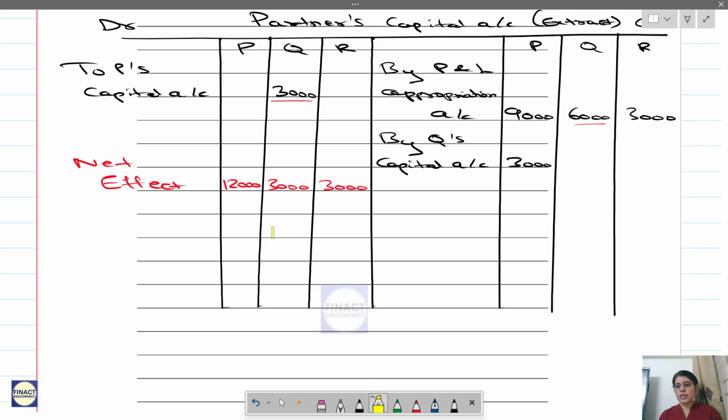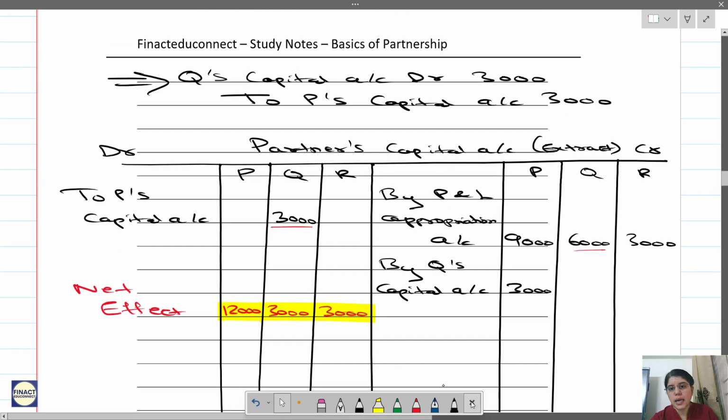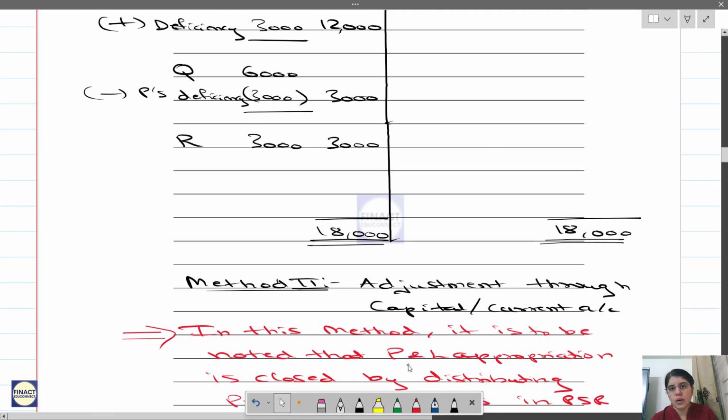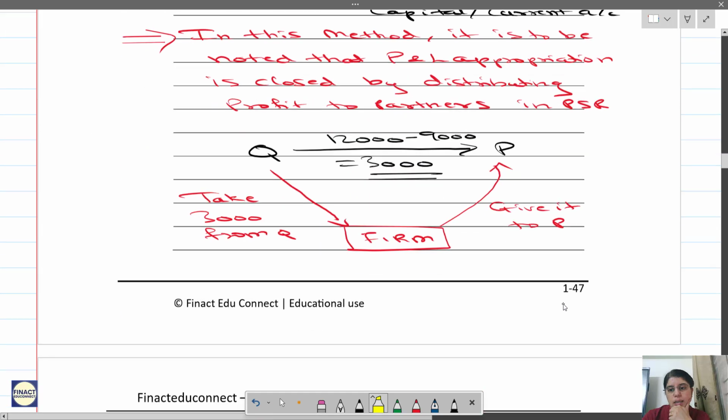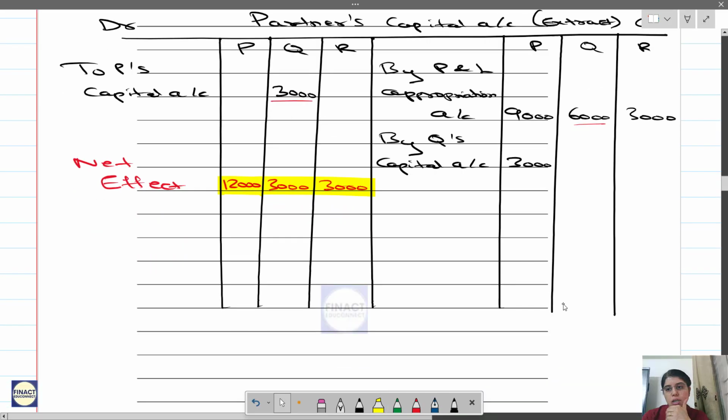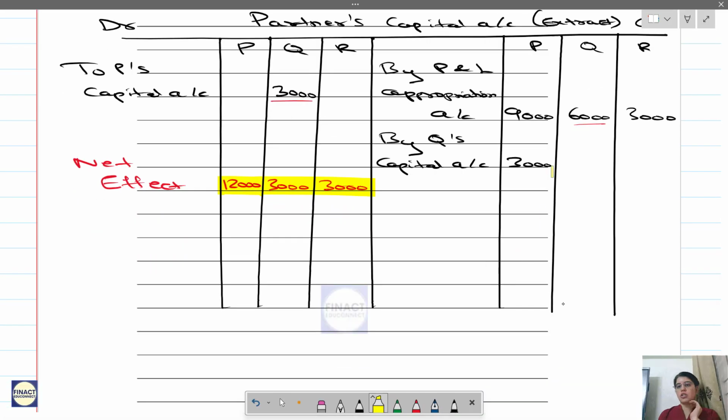Now if you check this, it's the same: whatever you are getting over here, 12,000, 3,000 and 3,000. Here we are directly crediting it to the capital account, whereas here we have already passed the original entry of distributing the profit in PSR over here. That is the reason we are passing this adjustment entry. Did you understand?